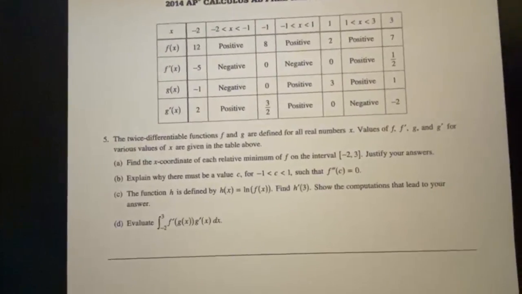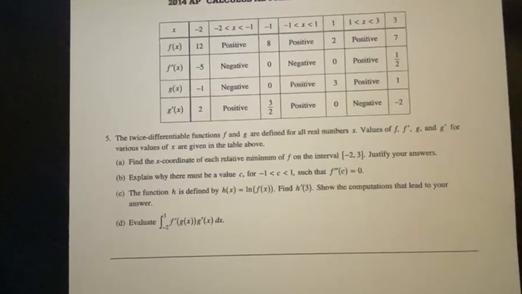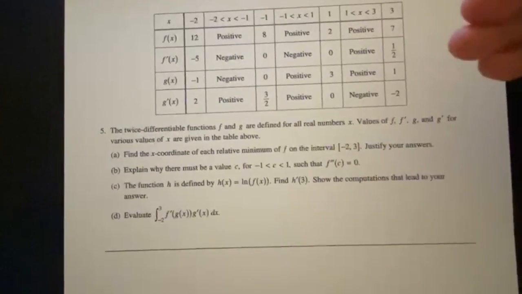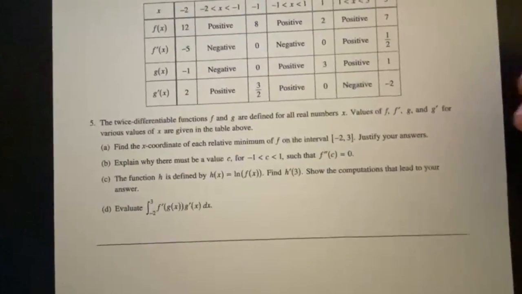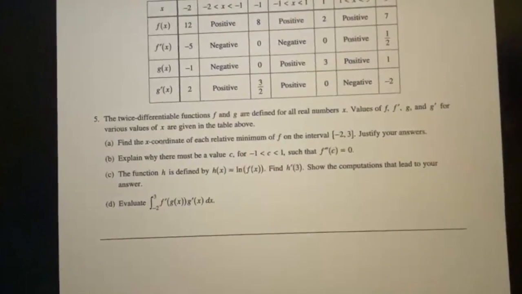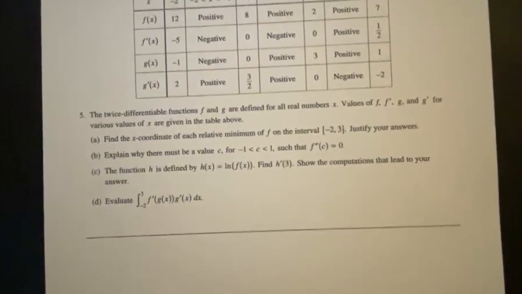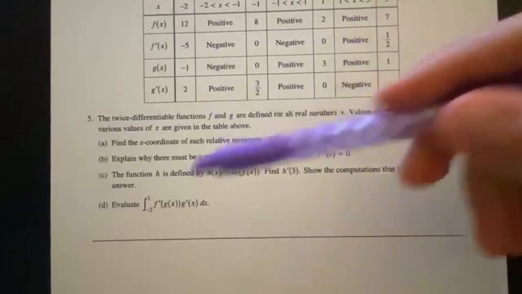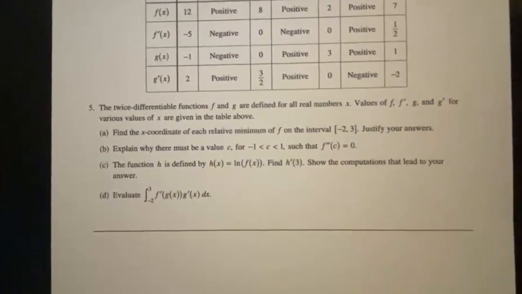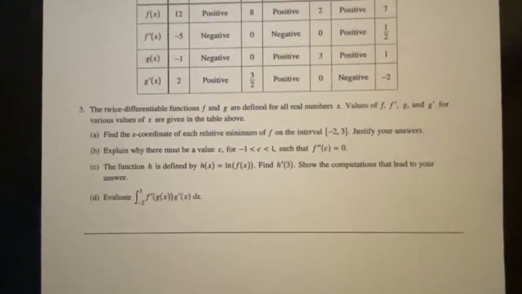So question number 5 is asking us to evaluate this integral: the integral from -2 to 3 of f prime of g of x times g prime of x dx. So whenever we have one equation times another equation, you have to use u substitution. So that's what we're going to do first.